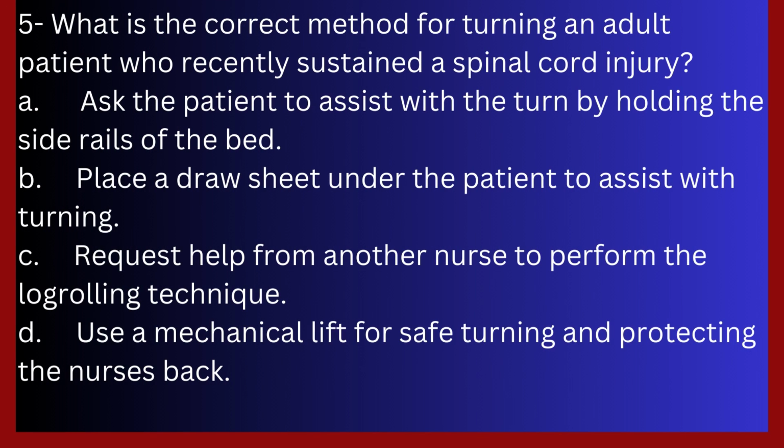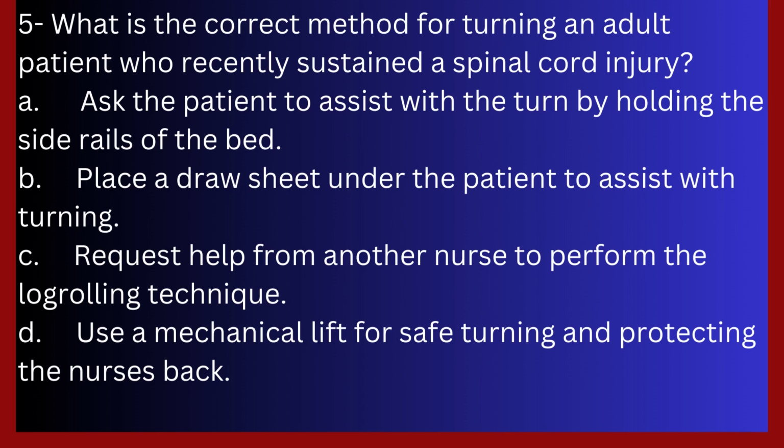Question number 5. What is the correct method for turning an adult patient who recently sustained a spinal cord injury? A. Ask the patient to assist with the turn by holding the side rails of the bed. B. Place a draw sheet under the patient to assist with turning.